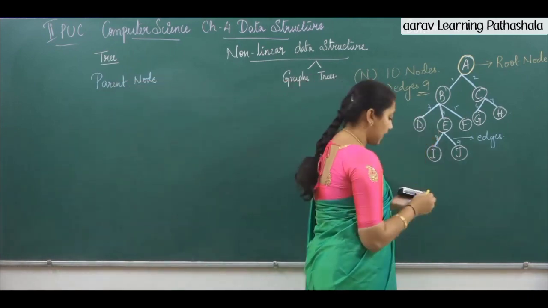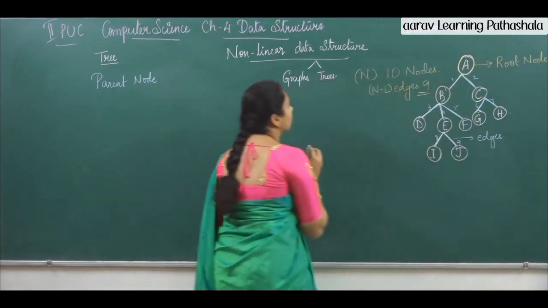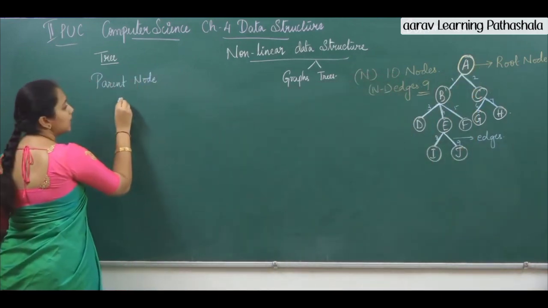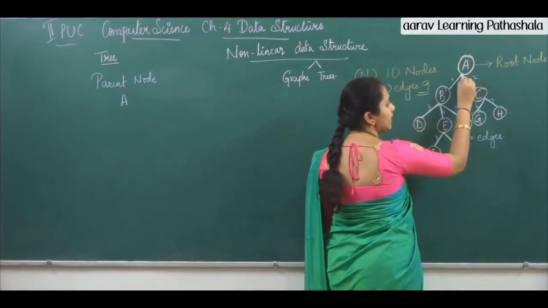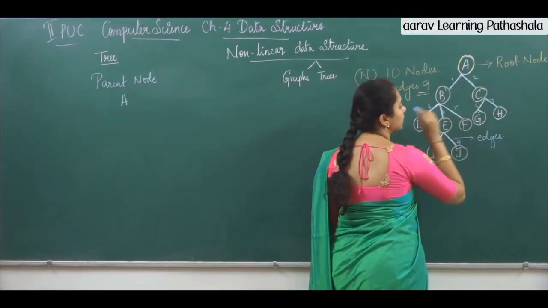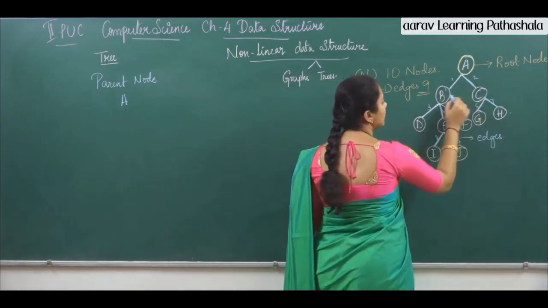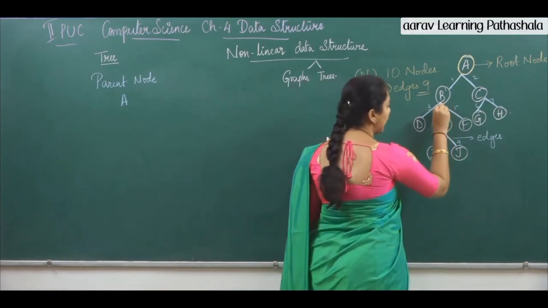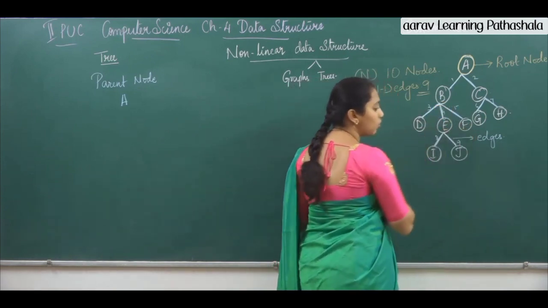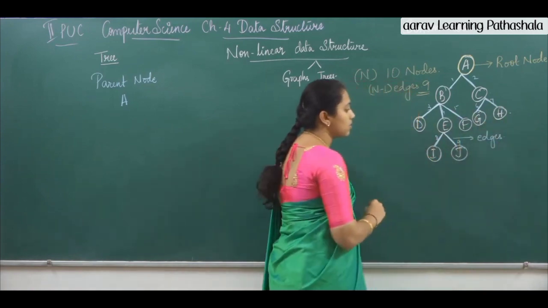So in this example, A is a parent node because node A has two children. B has three child nodes and C has two child nodes.